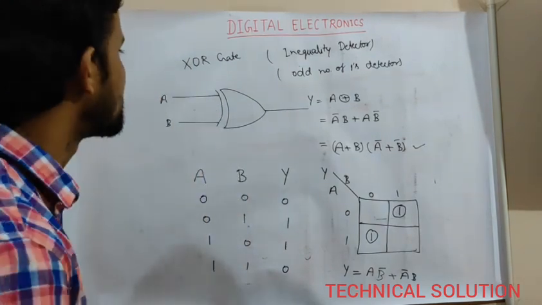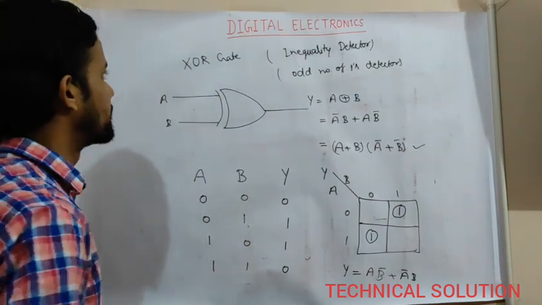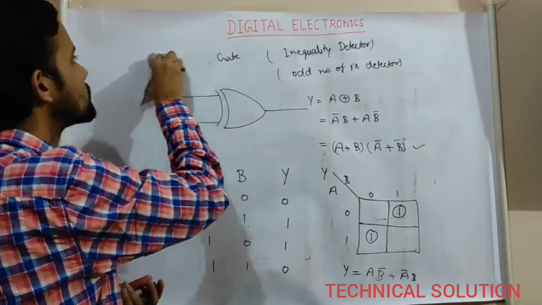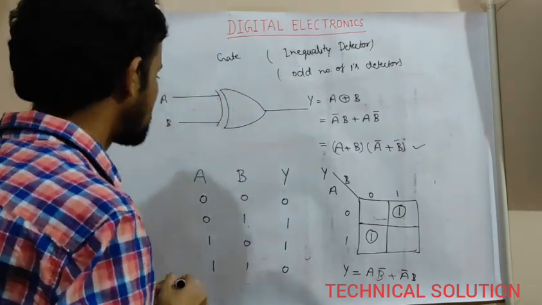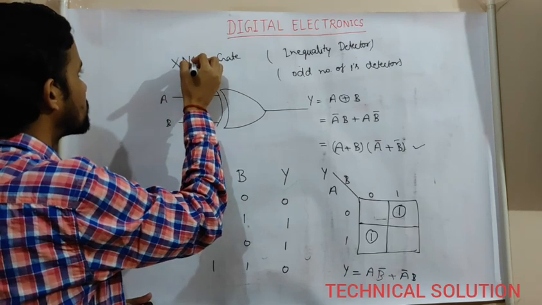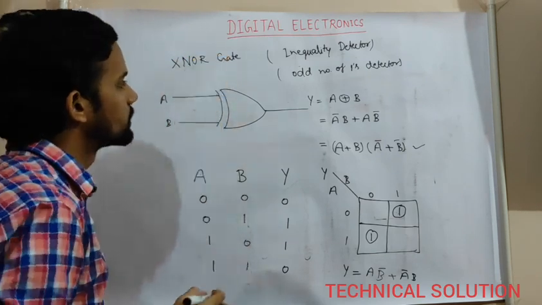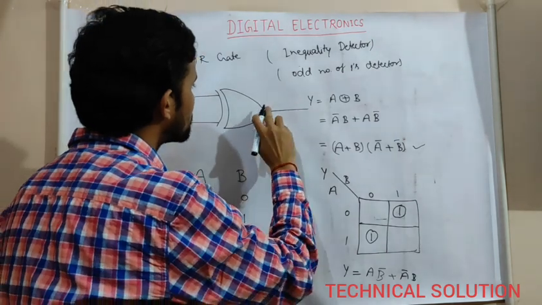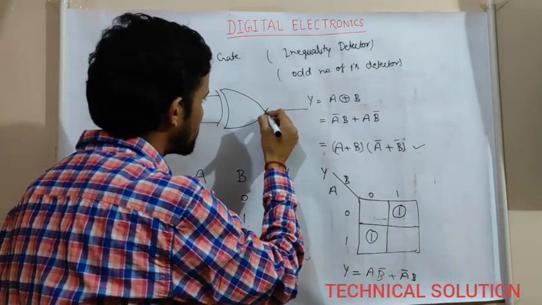And the next basic gate is XNOR gate. So here we modify this, that is XNOR. If we put a bubble here, then it becomes an XNOR gate.